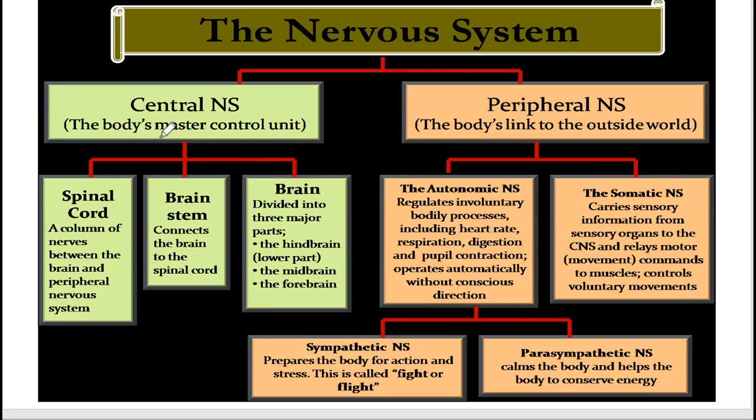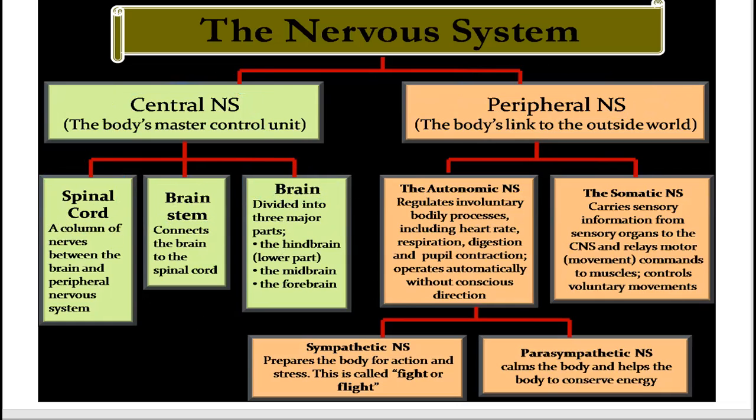In the central nervous system, we have spinal cord, brain stem, and the brain. Let's discuss more about this as we go on with our discussion.